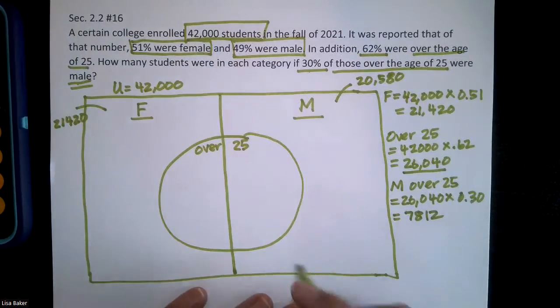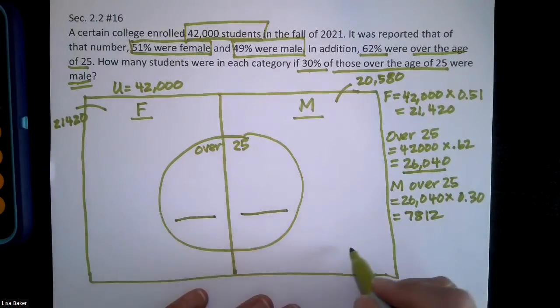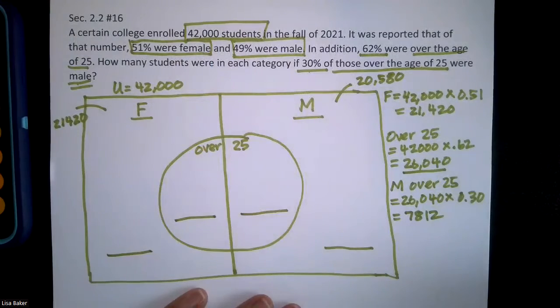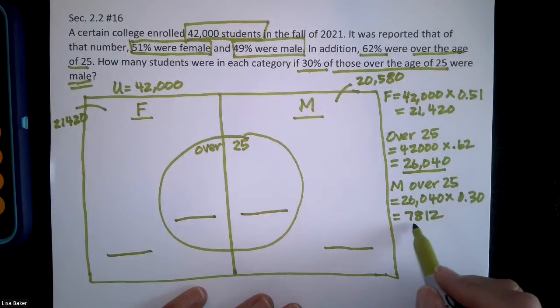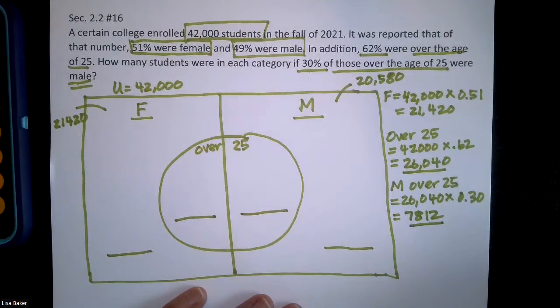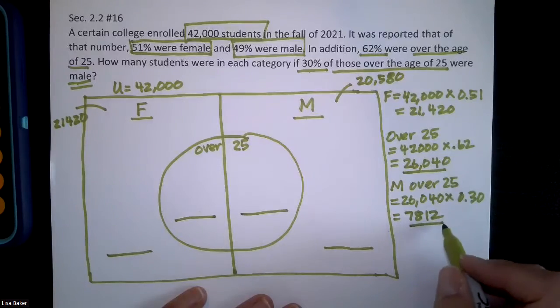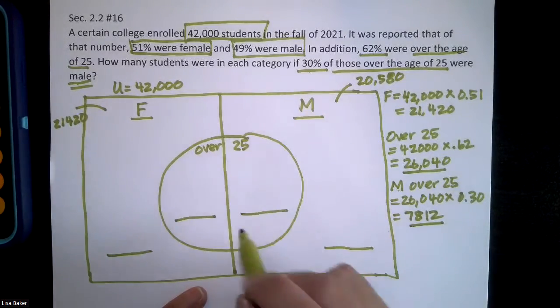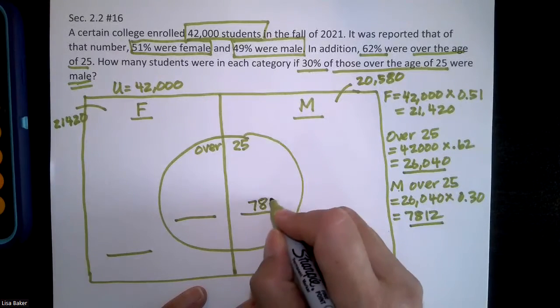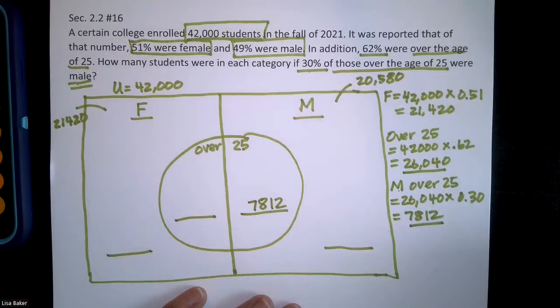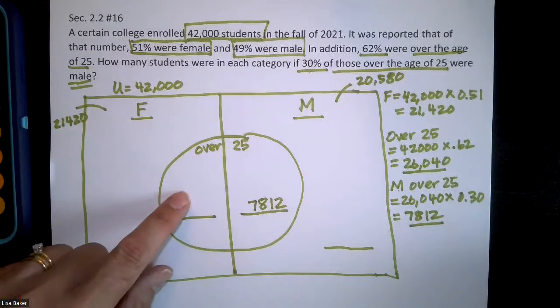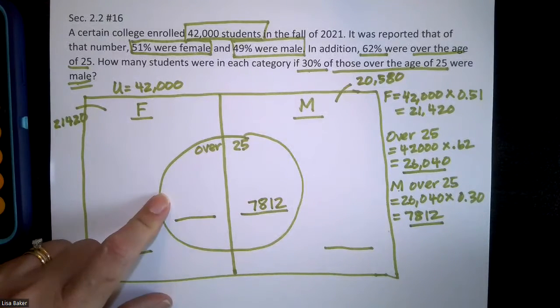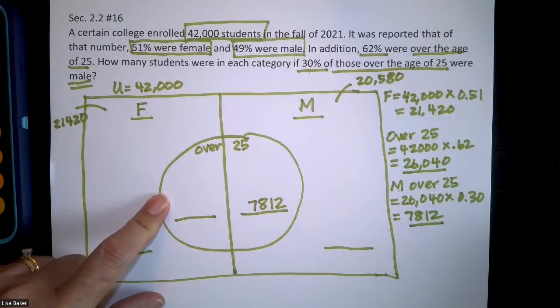Now we need to know how many are in each of these categories. The 7,812 is the males over 25. Now, how would we find the females over here? Think about that for a second. You have a lot of different ways to find that out.